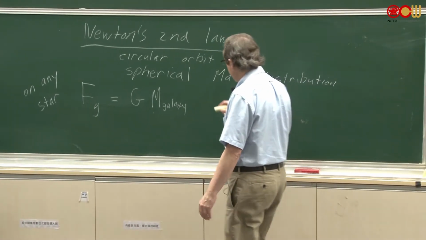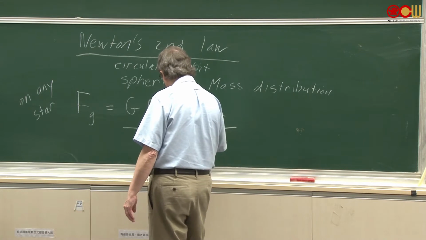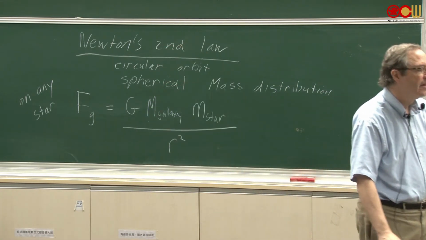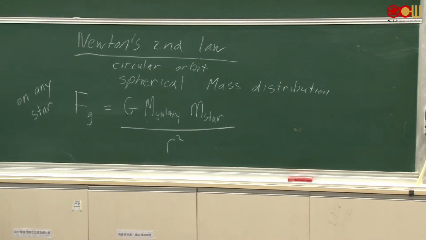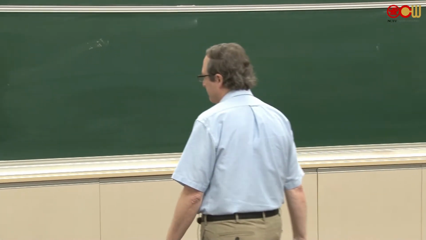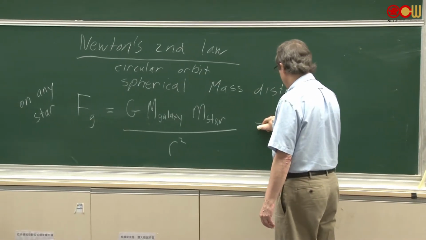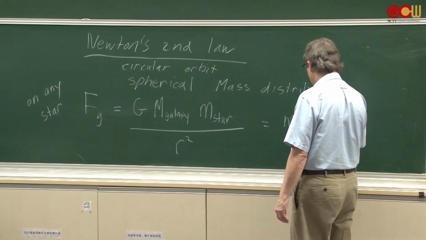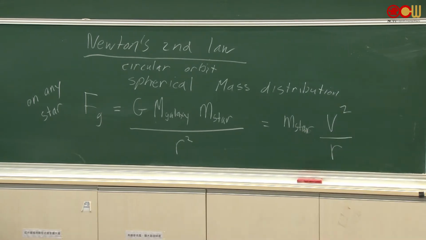Then the mass of the star, and then we divide by the radius squared. So that's the position of the star relative to the center of the galaxy. And since it's going in a circular orbit, we can write this as m star v squared over r. So that's all we need for this fantastic discovery that I'm going to tell you about.